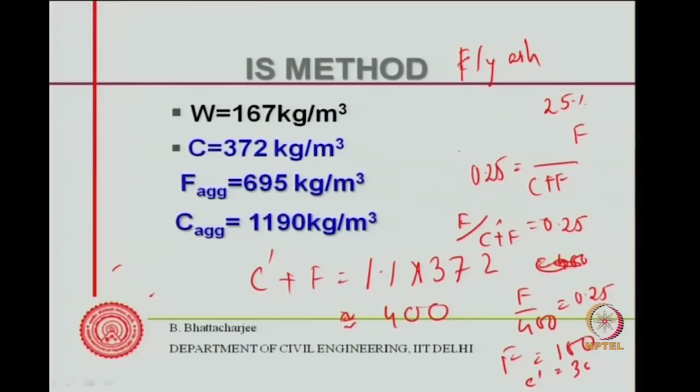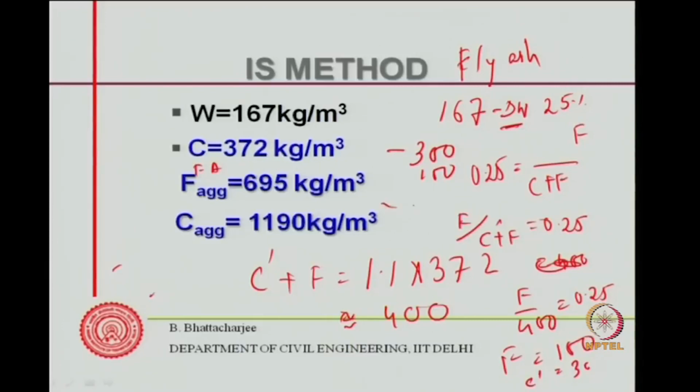So if you are using fly ash, the water can remain the same, in fact it will reduce down, plus delta W, which IS code is not giving, but there will be some reduction. Cement will become 300 and fly ash will become 100. So you are getting a saving in cement.